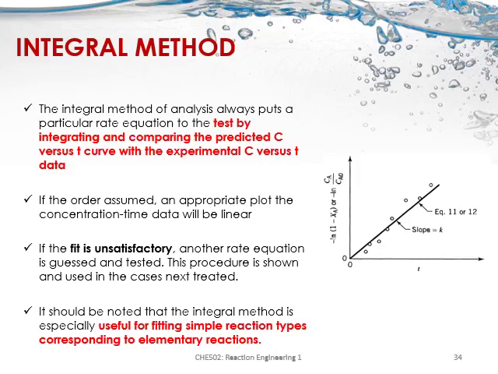So if you look at the figure on the right hand side, this is an equation in terms of concentration as the y-axis and time as the x-axis. If you look at the circle points here, that is the experimental data.